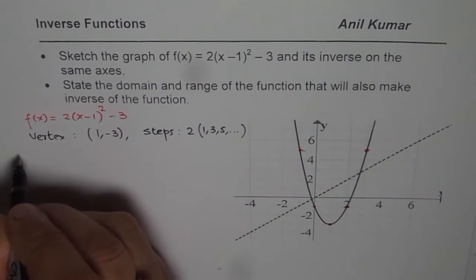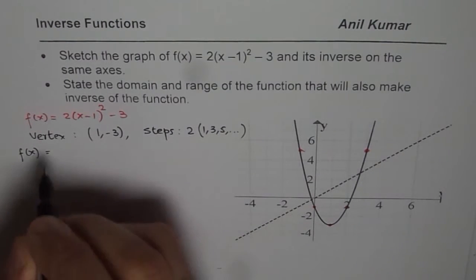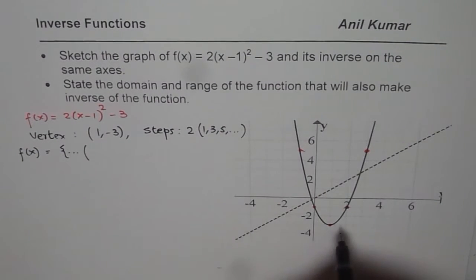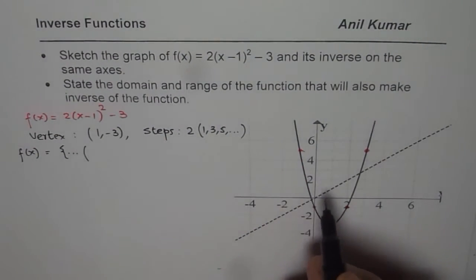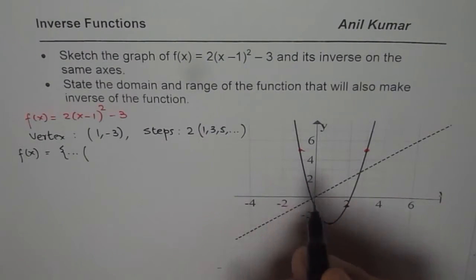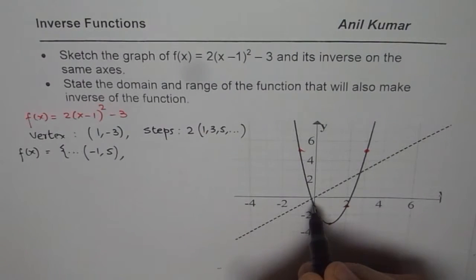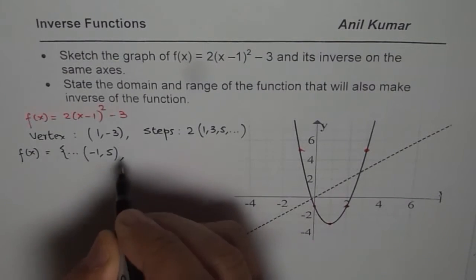Once you have drawn your parabola, to sketch the inverse it is a good idea to write some set of points. So let's write down the set of points which we have on this parabola. Beginning from the leftmost point, we have (minus 1, 5). Then we can take this point, (0, minus 1).